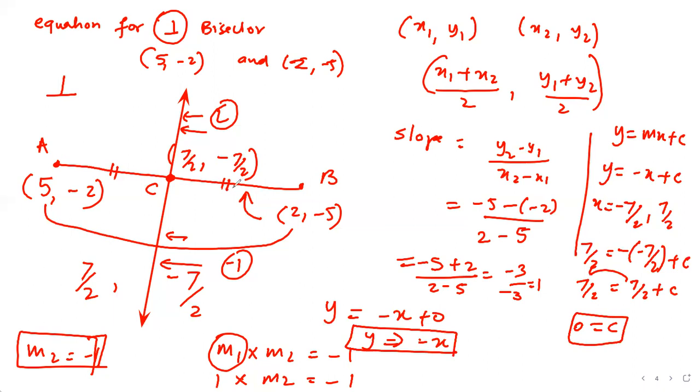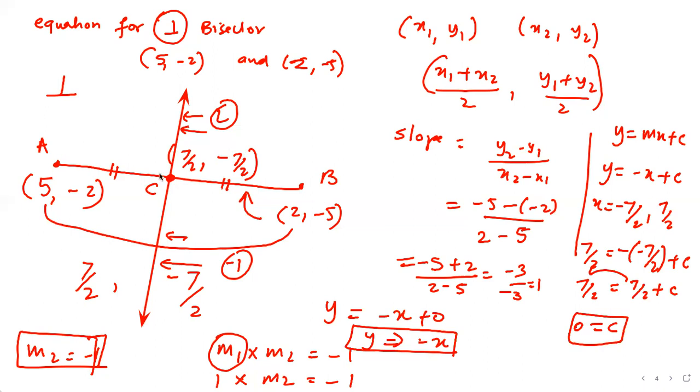Just a summary of what we did. The first thing is you have been given two coordinates, and you use the midpoint formula to find the midpoint of this segment. The line L passes through the midpoint.